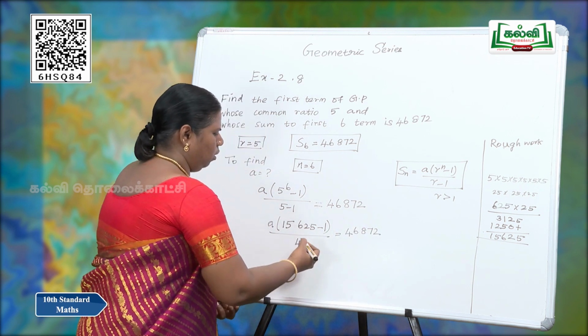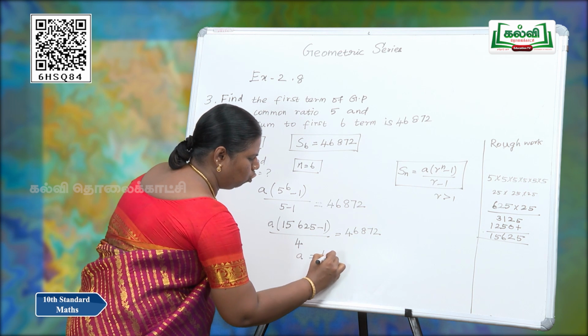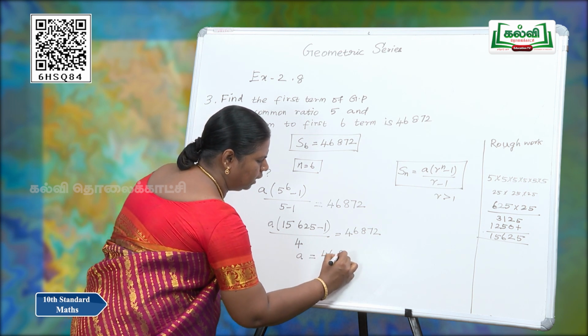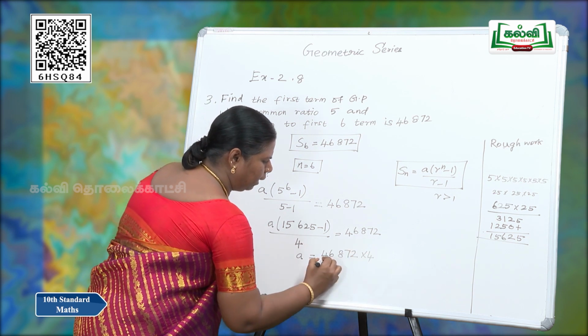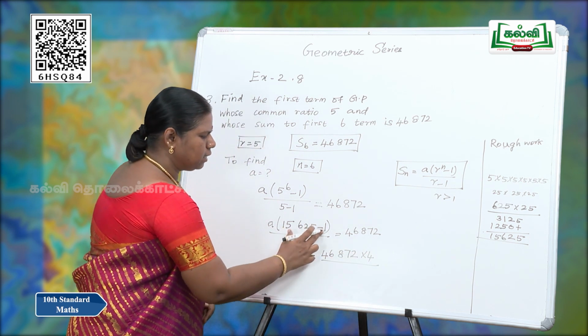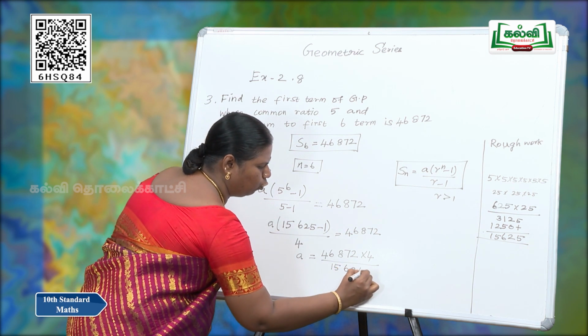On cross multiplication, A is equal to 46,872 into 4 by 15,624, subtracting 1 from 15,625.